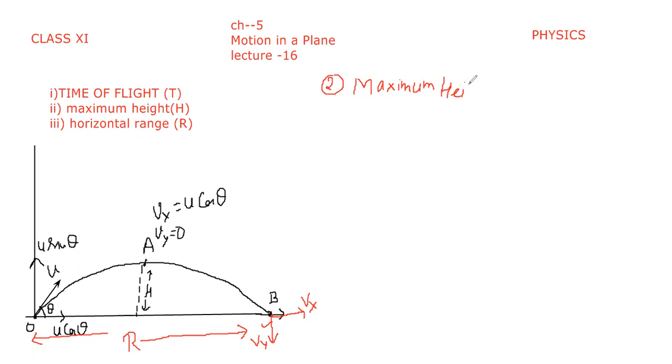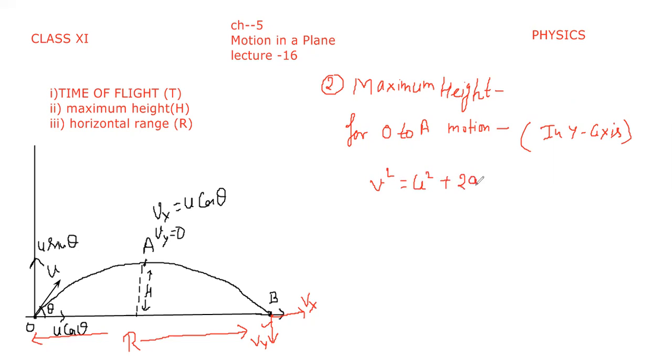For maximum height, I am taking O to A motion, in the y-axis. The formula is v square equals u square plus 2as. We all know this formula. For the y-axis, that is vy square equals uy square plus 2ay sy.